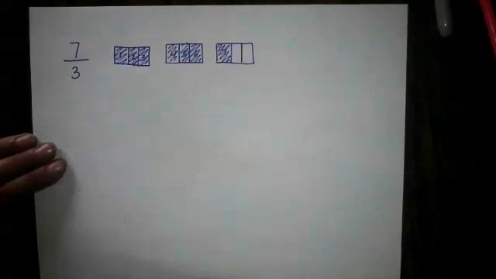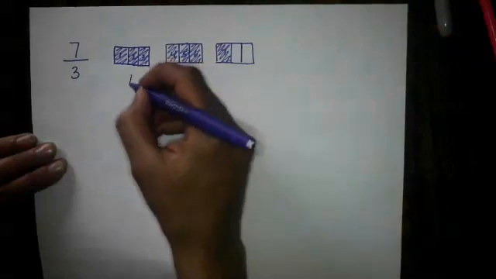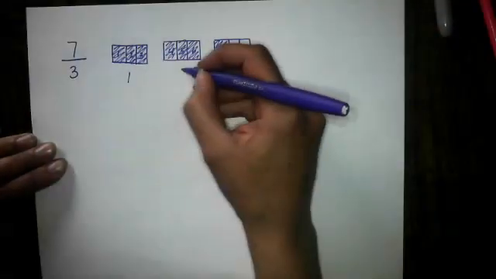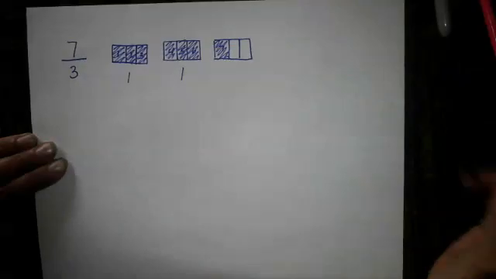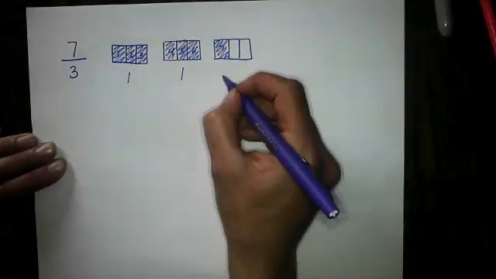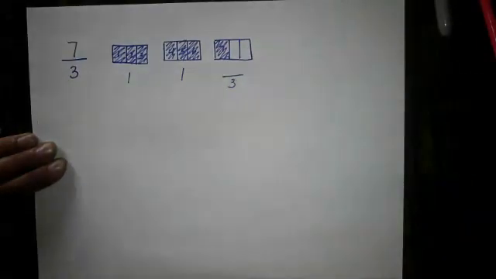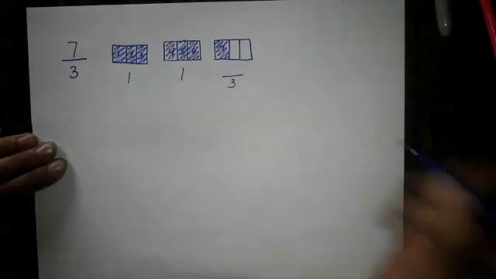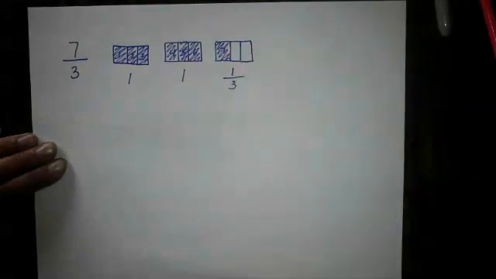Now, any one of these candy bars that's completely colored in, I know is 1 whole. So this is 1 whole candy bar. This is 1 whole candy bar. This last candy bar is not completely colored in. So I'm going to make my denominator 3 because I know there's 3 parts in the whole, and 1 of them is colored in.